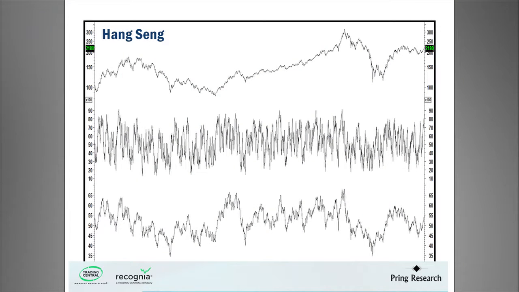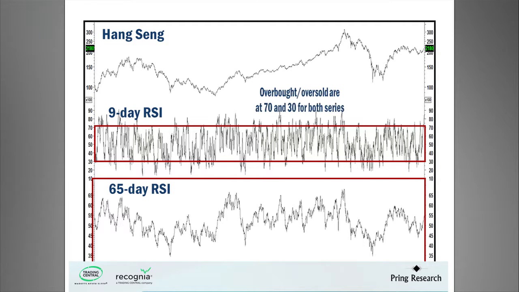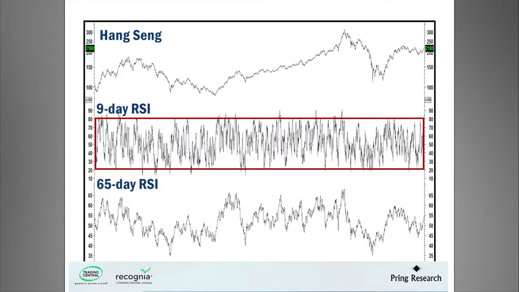The middle part of this chart for the Hang Seng Index in Hong Kong features a 9-day RSI, where the 70-30 combination does not indicate a strong probability of a reversal when it's touched, and that's because it's touched or exceeded far too often. Similarly, this same combination is rarely touched with the 65-day span. On the other hand, the bands have been widened for the 9-day in this chart and narrowed for the 65-day span.